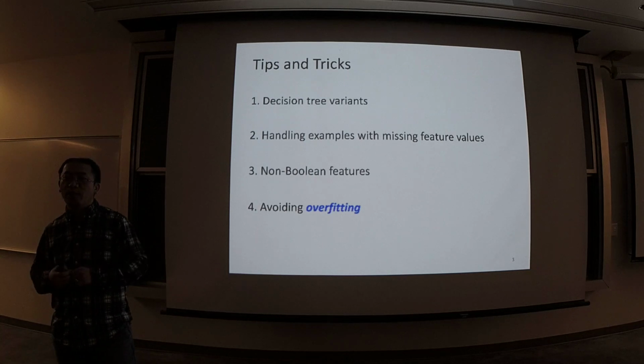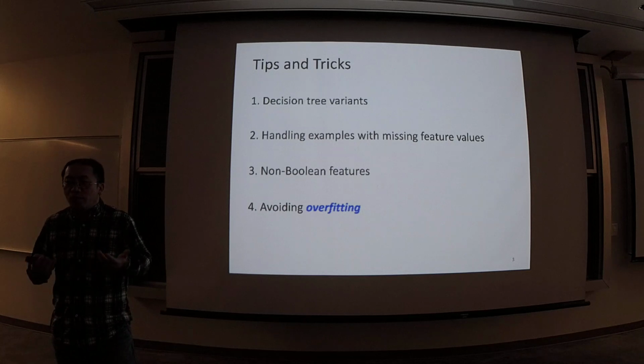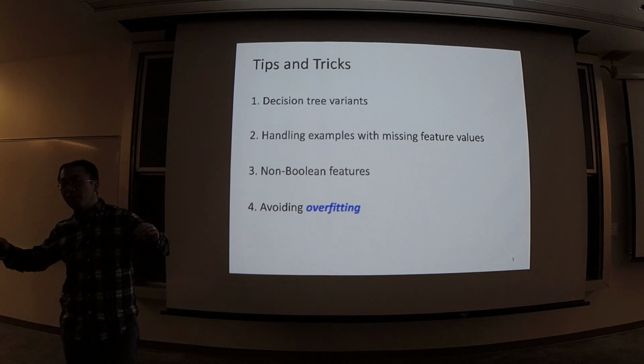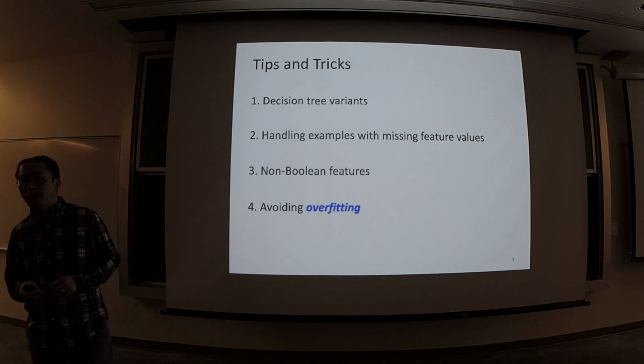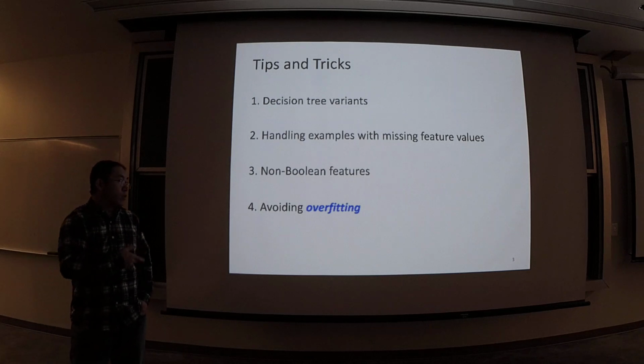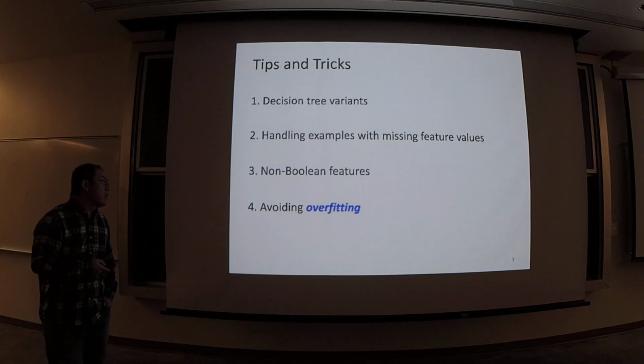You'll see a lot of examples without labels, or without one or two, or even several feature values. But you still want to pre-process them and then throw them into some machine learning algorithm. So how do we handle those incomplete examples when we construct the decision tree? We'll talk about several strategies.